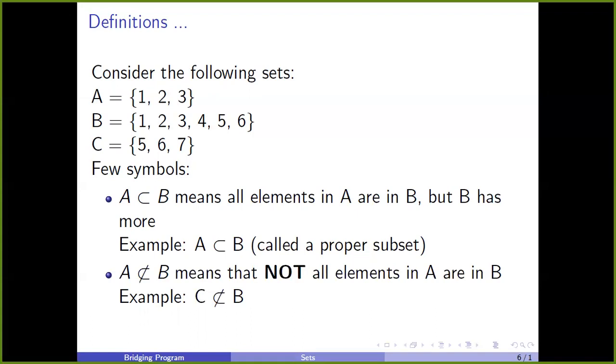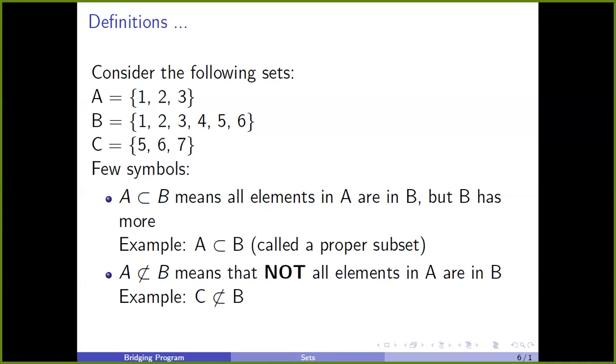So the earlier symbol with the line underneath is called subset, and the symbol without the line is called a proper subset. To be a proper subset, you should have all the elements in the other set and more. To be a subset, you should have all the elements in the other set. You need not have more.